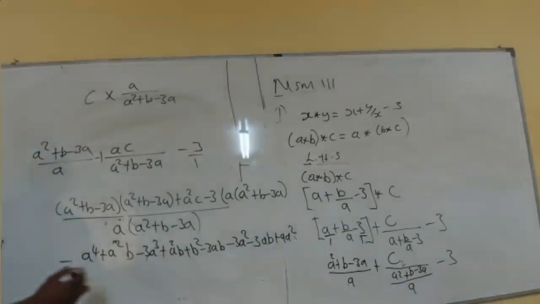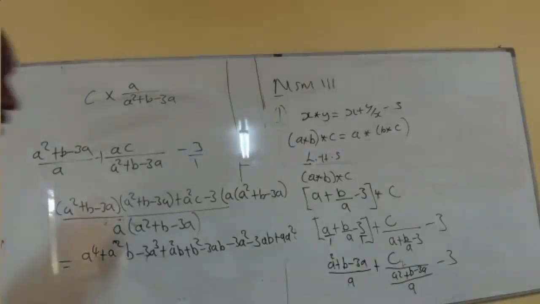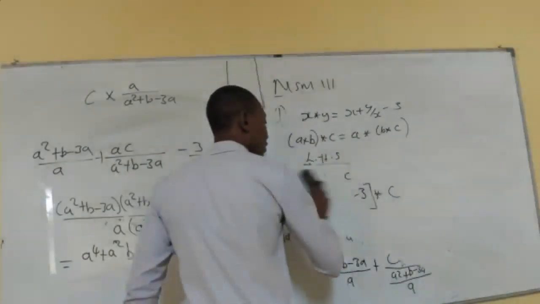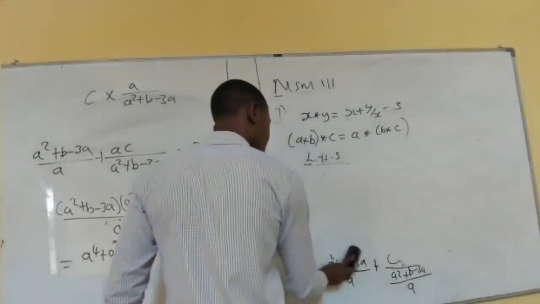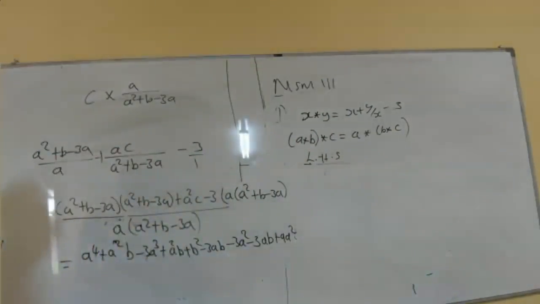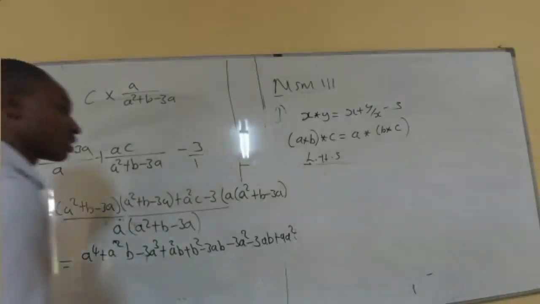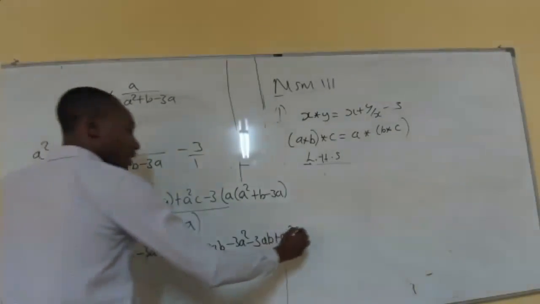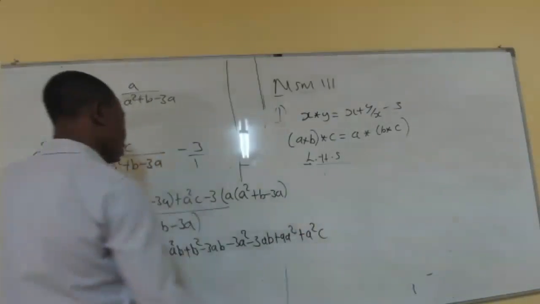Then we are still on the numerator, okay? We're still on the numerator. Since we're still on the numerator, the next part that we're going to get is plus A squared C, right?